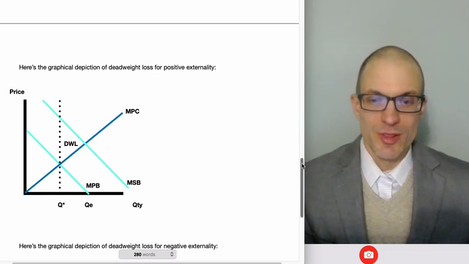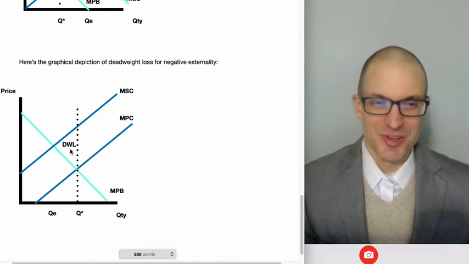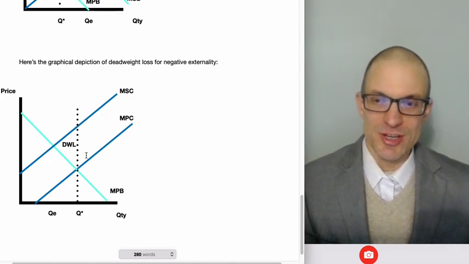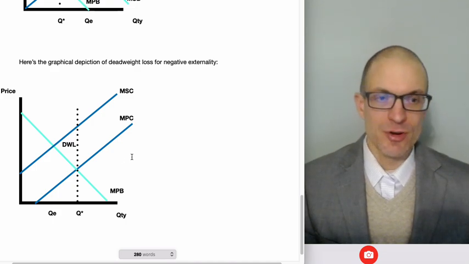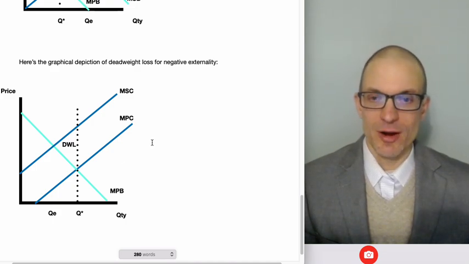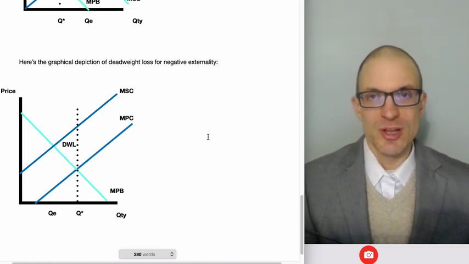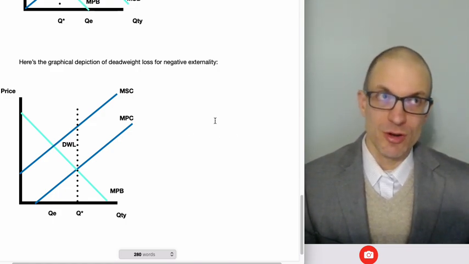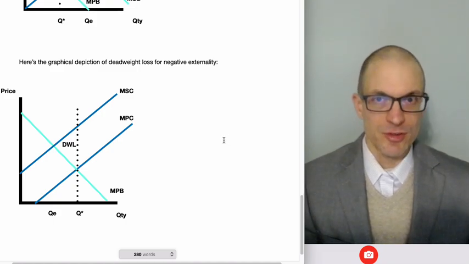All right, so what about in the negative externality case? Well, there's something different going on, but similar in some sense. If you were to go past the competitive equilibrium on a standard supply and demand diagram where there's no market failure, you get overproduction and inefficiency because the supply curve would be higher than the demand curve, indicating that costs are higher than the value to buyers.